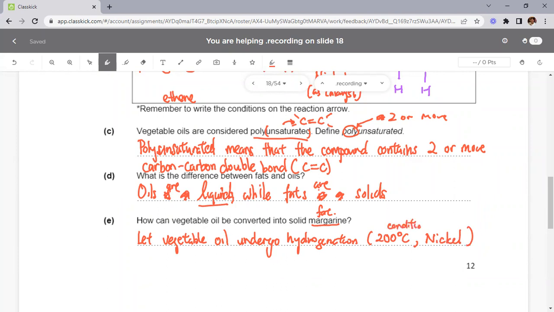Condition over here: to convert the unsaturated to saturated. You can let the vegetable oil undergo hydrogenation to cause it to become saturated.